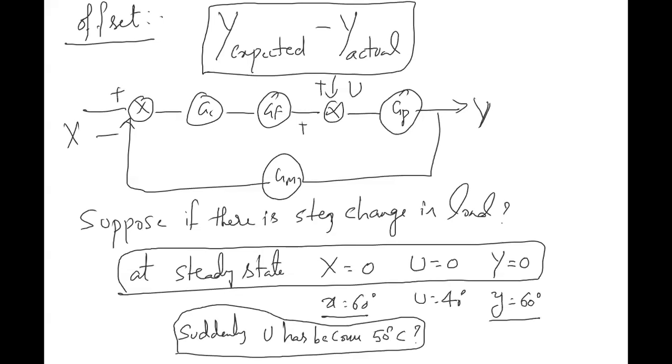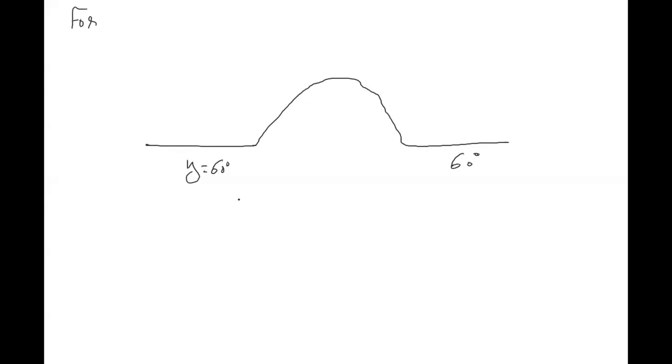Then what is the response that you expect in Y? What you will expect is your small y, 60 degrees, will slowly start to deviate, and the controller will bring the value back to 60 degrees. Correct or not? For changes in the load. For changes in small u.